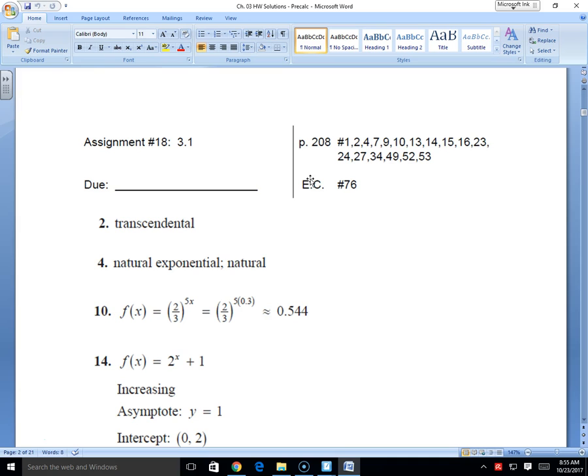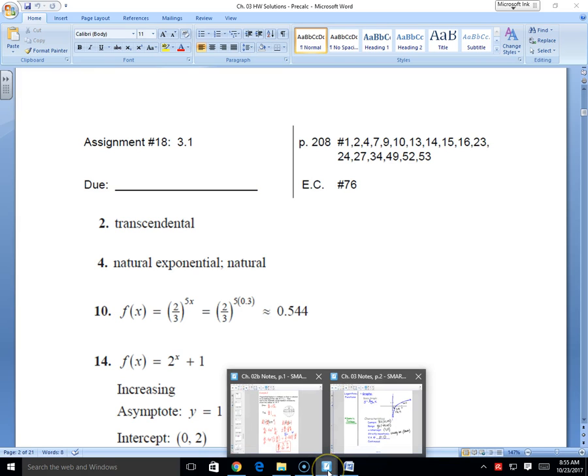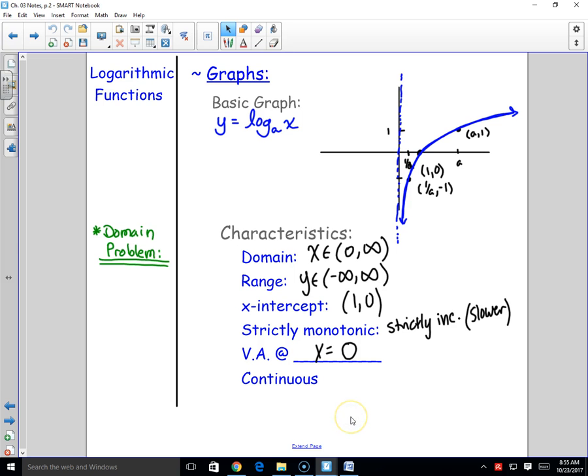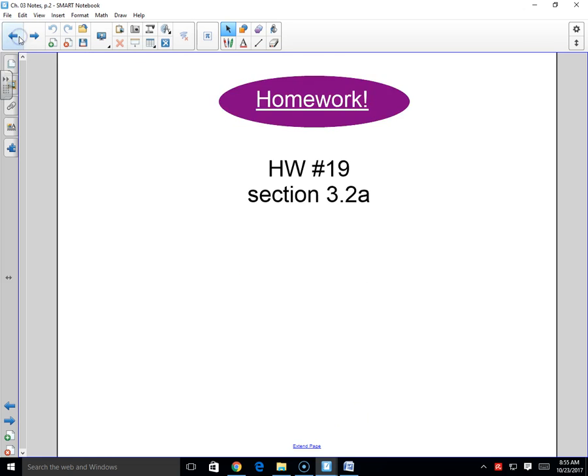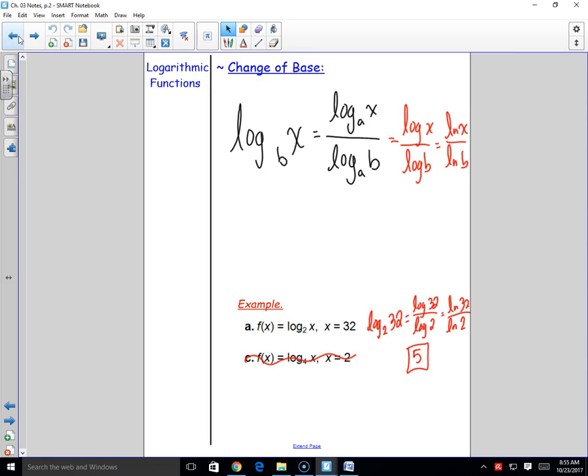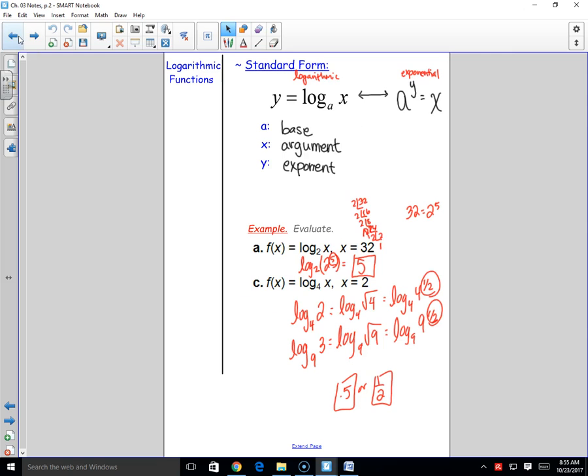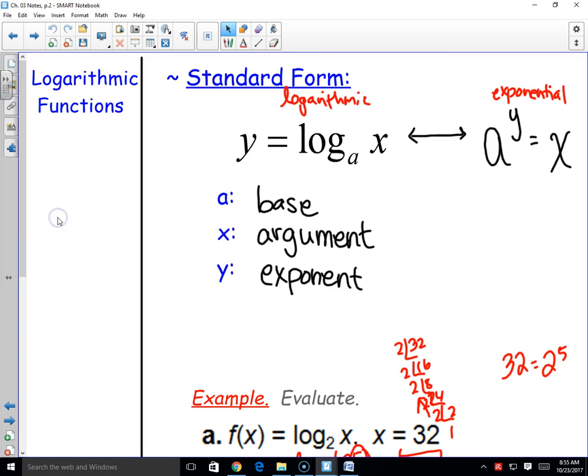And remember, in notes, just stay right there in your spirals, just for a moment. But in notes on Friday, when we started talking about logarithms, remember why I said this property is kind of important? Which one does our brain process more naturally? Exponential. Yeah, totally exponential forms.